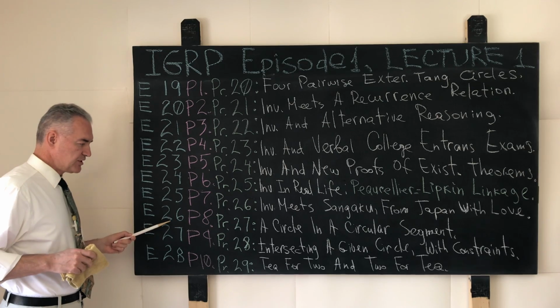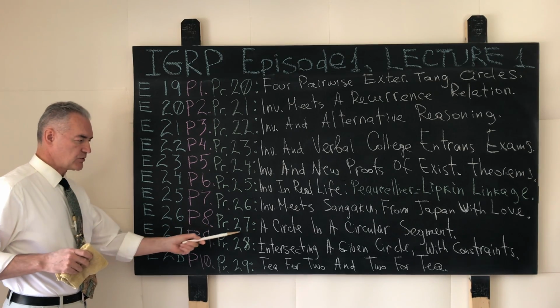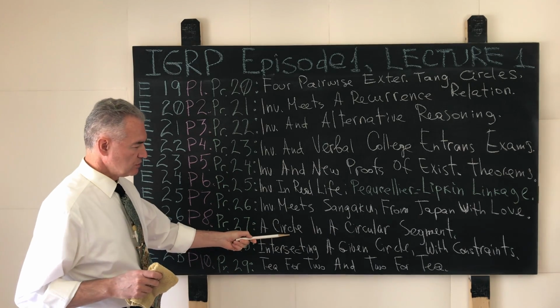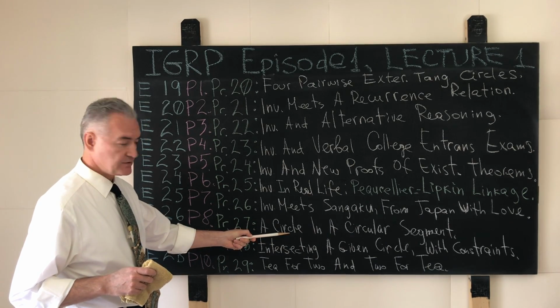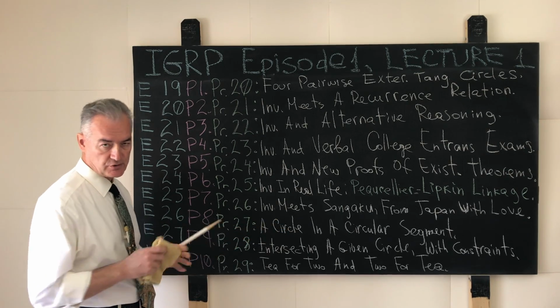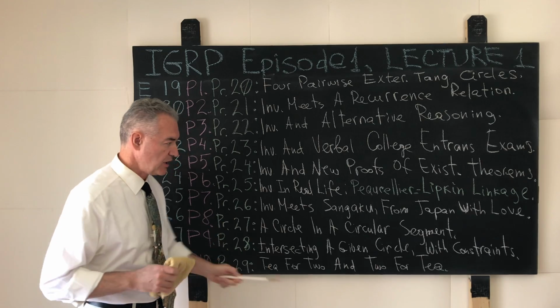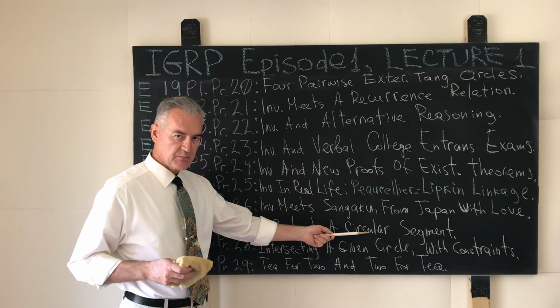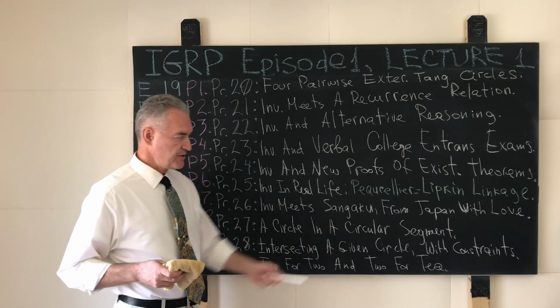In episode 26, practice 8, we will solve the problem number 27, where we will look at another beautiful, elegant, crisp problem, when a smaller circle is rolled into a circular segment. A particular statement can be made. It can be framed as a problem or as a theorem.